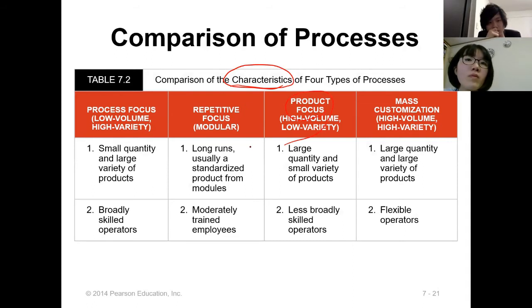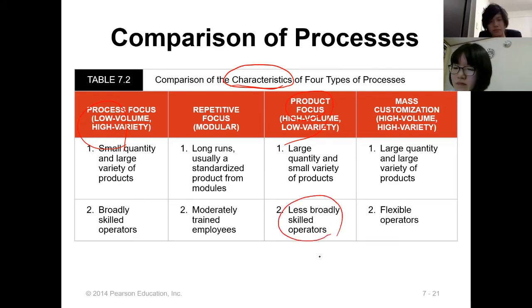You cannot be having a process focus strategy. That strategy is wrong. So you must have the right strategy for the product that you produce. So you compare these characteristics with your product. If it requires large quantity, high rate, that's product focus.